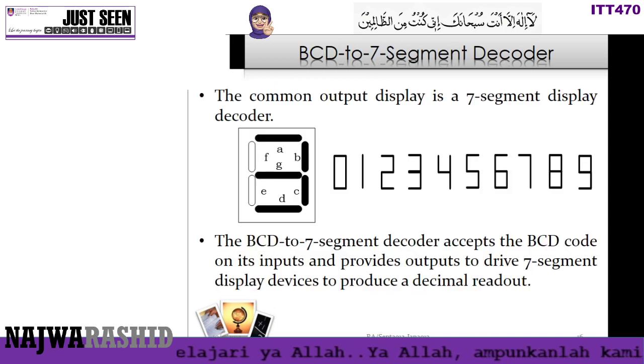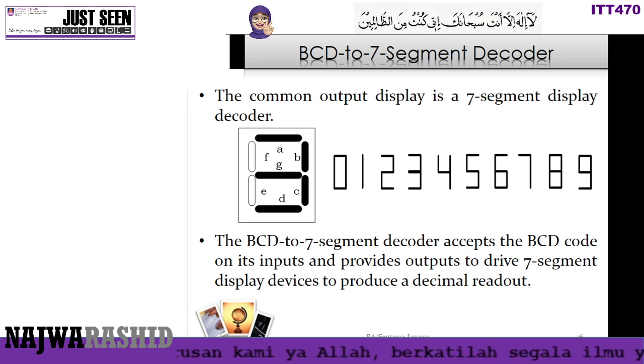Next is the BCD to 7 segment decoder. The common output display is the 7 segment display decoder. We have this 7 segment, 1, 2, 3, 4, 5, 6, 7. So this is the 7 segment display.